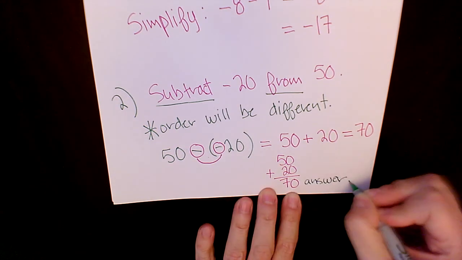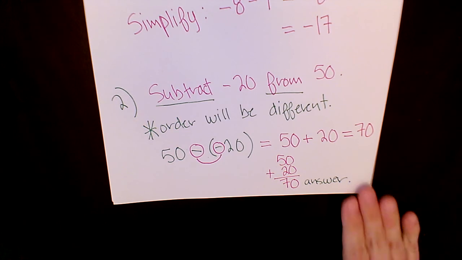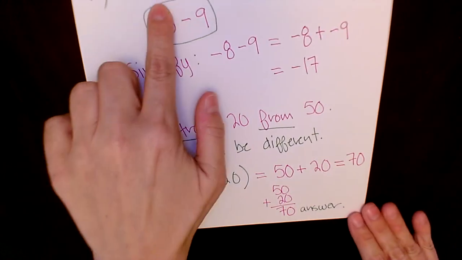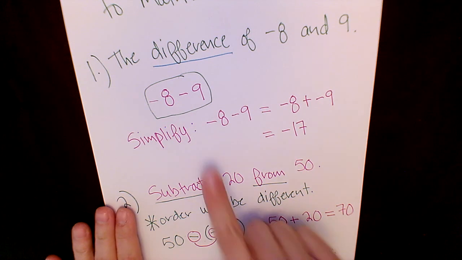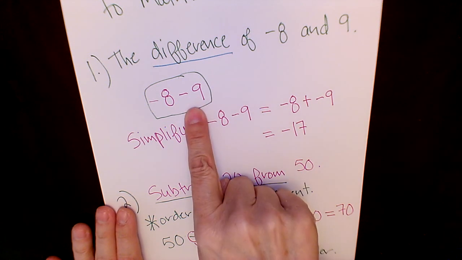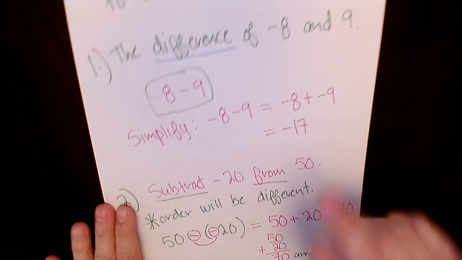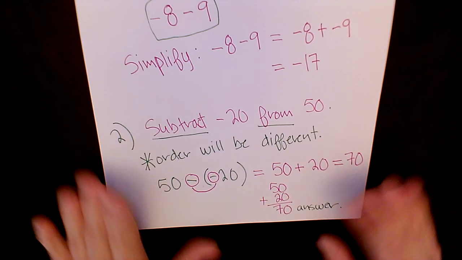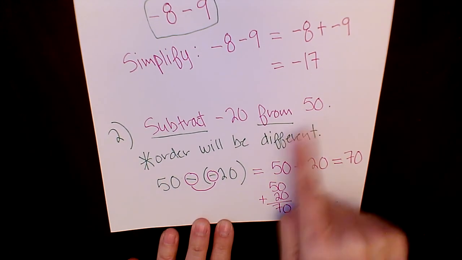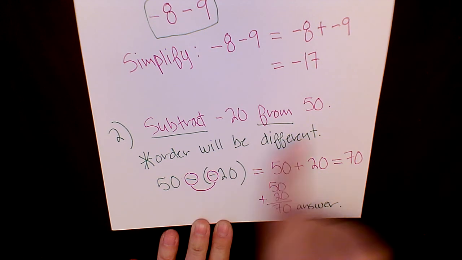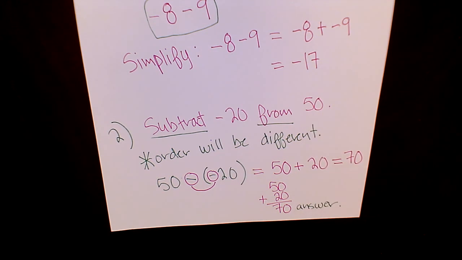And that's my final answer. So remember difference, you're just going left to right. Difference means to subtract, so we're just writing the numbers as they appear. But when you have a subtract from, you have to put the second number first because we're subtracting from this second number of 50.